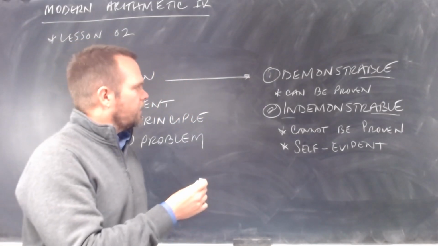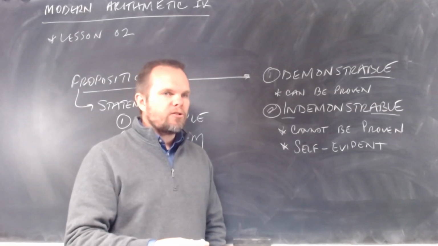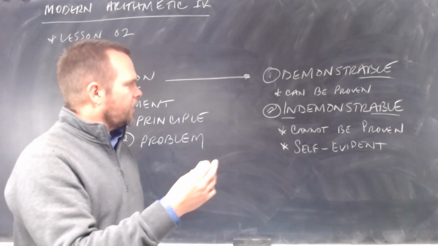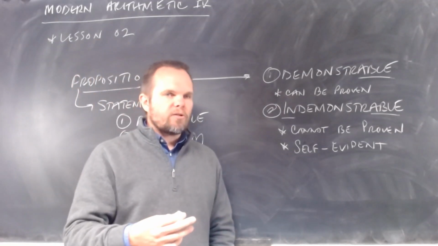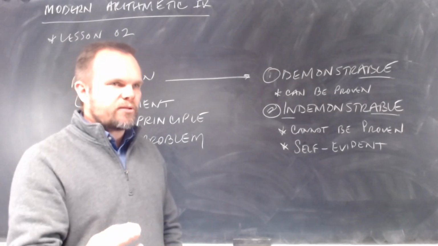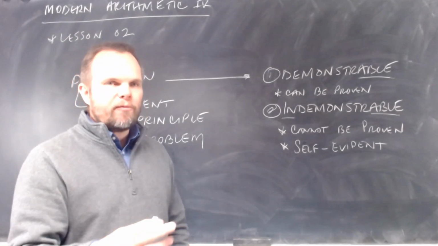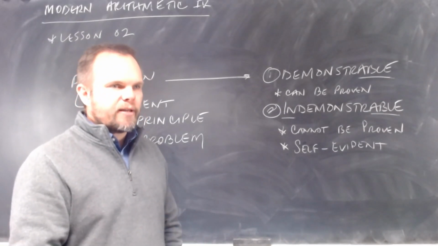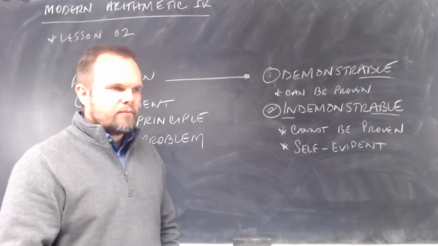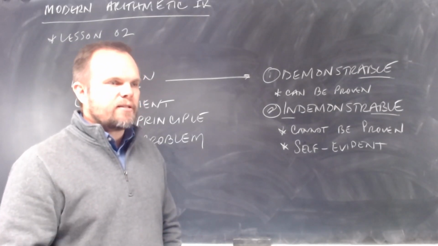So, a proposition can be demonstrable because it can be proven. And another proposition is indemonstrable, not because it's false and can't be proven because it makes no sense, but because it's self-evident, it's obvious, and there's simply no way to prove it because it's obvious.